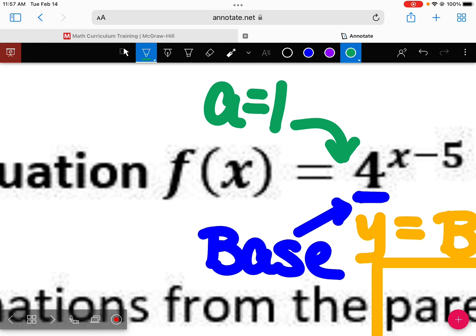If you multiply something by 1, does it get bigger? Does it get smaller? No. It stays the same. So does this a value cause a stretch or a compression? No, it's exactly like my parent, which means I do not describe that as a transformation because it's not different from the parent.